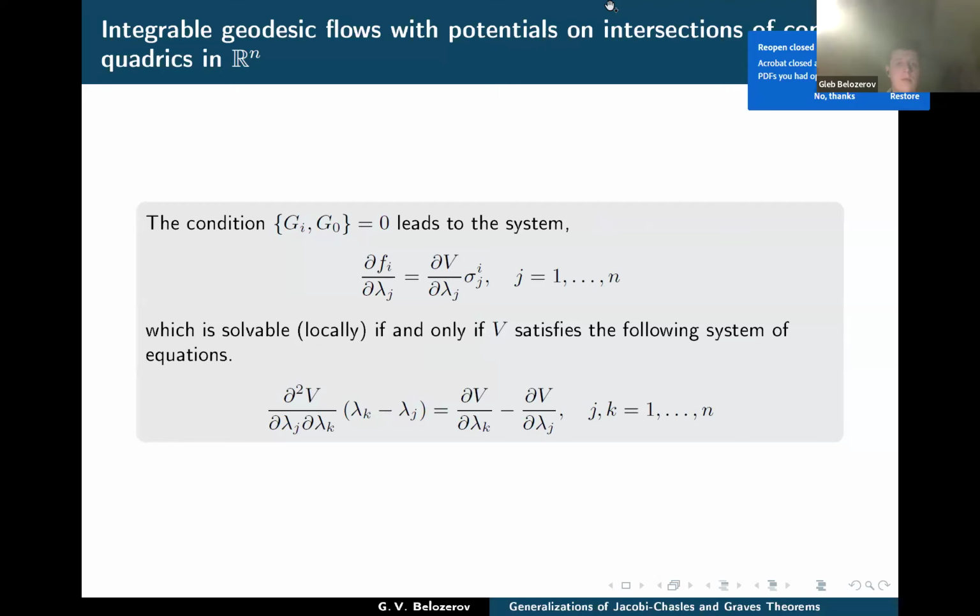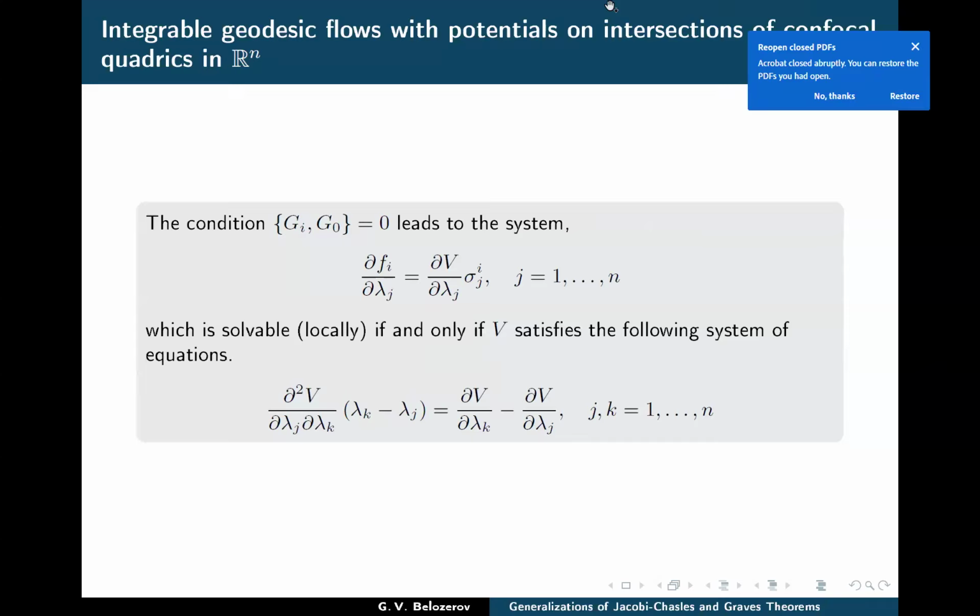The condition of commuting, that is, the Poisson brackets of g_i and g_0 being equal to 0, leads to the following system of differential equations, which is solvable locally if and only if the potential V satisfies the following system of equations.